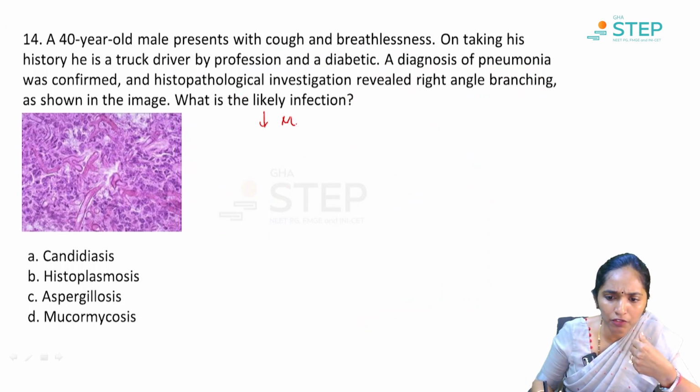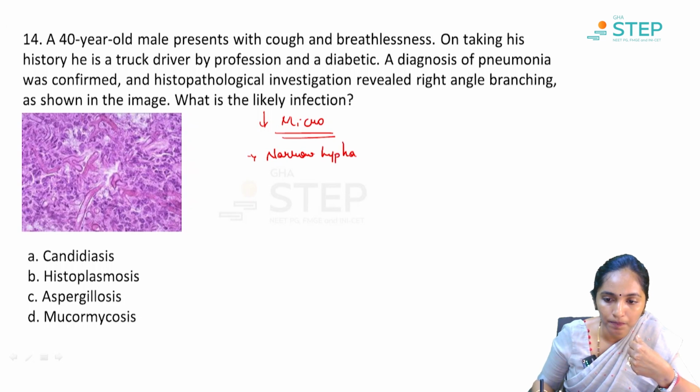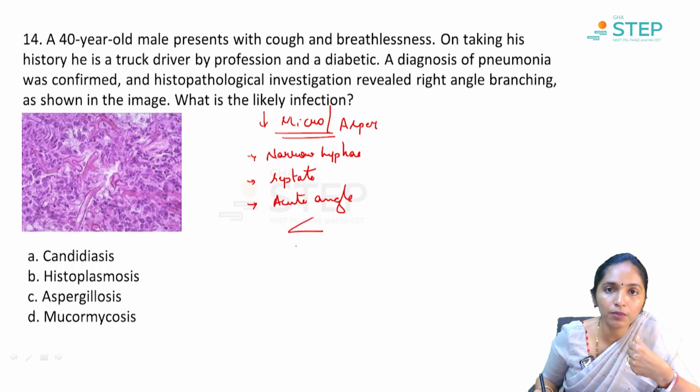And the microscopic feature, if they had given it, what you will see is narrow hyphae is the characteristic feature of Aspergillus. And they are septate. You will find septate in the hyphae, and they show acute angle branching. So there will be acute angle branching, something like this. Okay, how is it looking? It is giving a finger-like appearance. So it gives finger-like appearance because of acute angle branching.